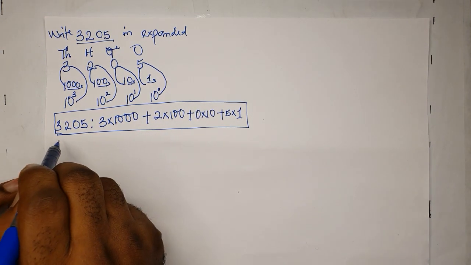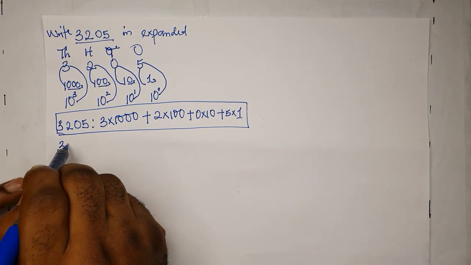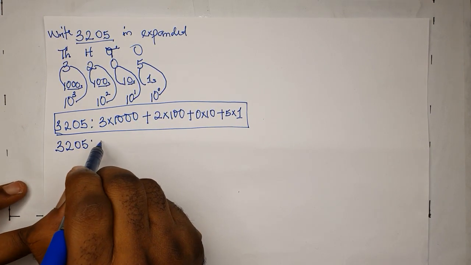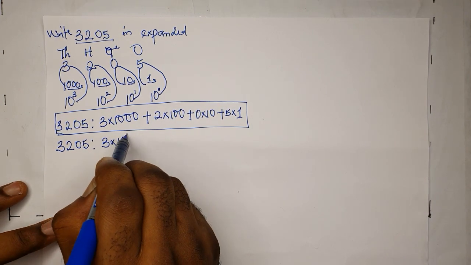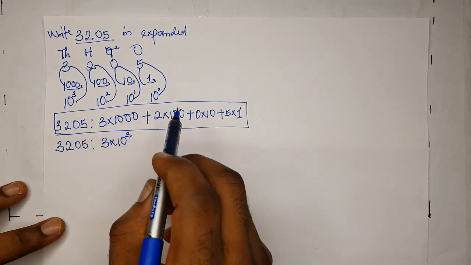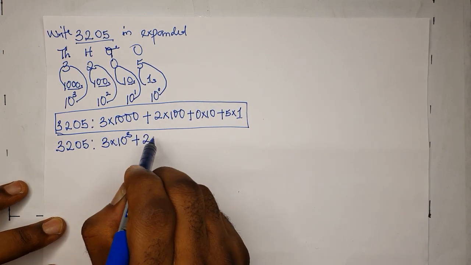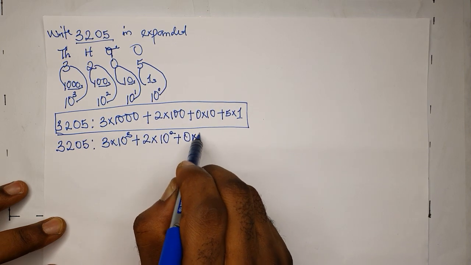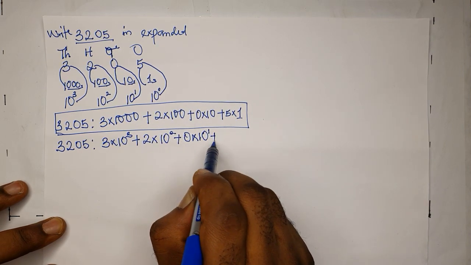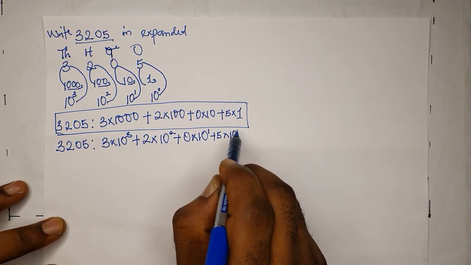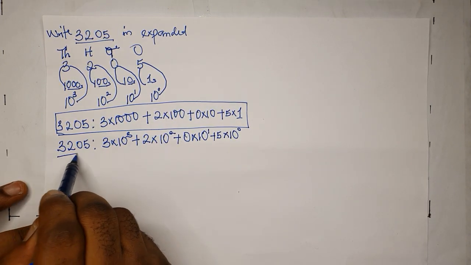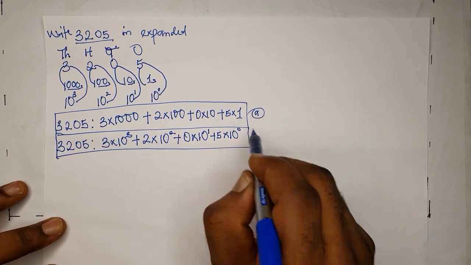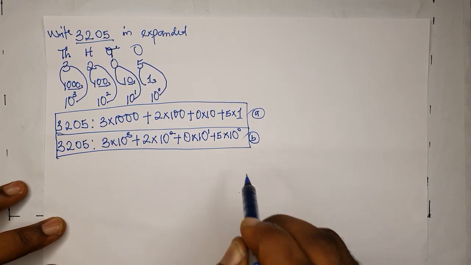So in that case, another way you can express this expanded form of 3205 can be written as 3 multiplied by 10 to the power of 3, because that is the number that represents thousands place, add 2 times 10 to the power of 2, add 0 times 10 to the power of 1, and add 5 times 10 to the power of 0. This is yet another way you can actually write this. If you'd written the first one, you are correct. The second expression also is correct.